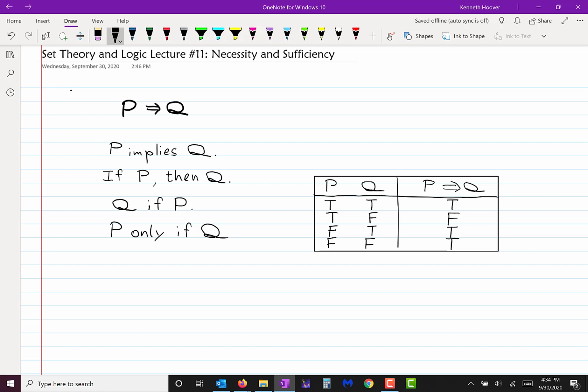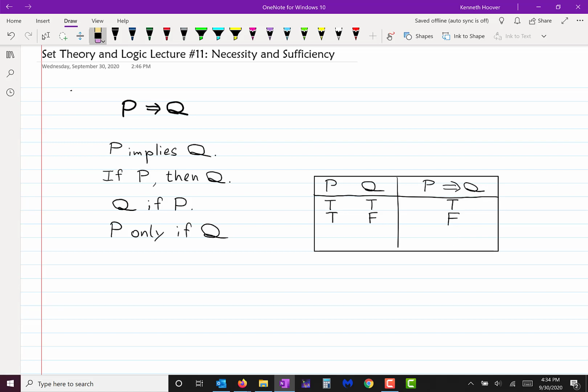So I want to remind you, the only time that an implication is false is if the hypothesis is true and the conclusion is false. Okay, now, for the time being, let's just look at the first two rows. I'm just trying to explain this phrase to you right there, and all I need to do is look at the first two rows. So I'm going to get the other two out of our way.